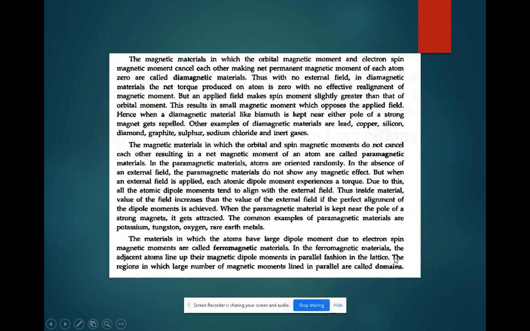One by one we are going to see, first, what is a diamagnetic material. A magnetic material in which the orbital magnetic moment and the electron spin magnetic moment cancel each other.